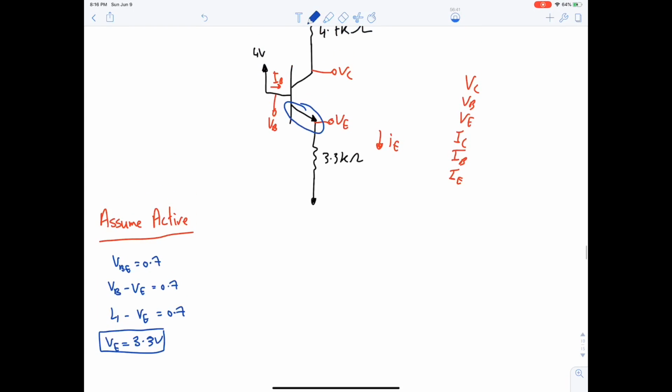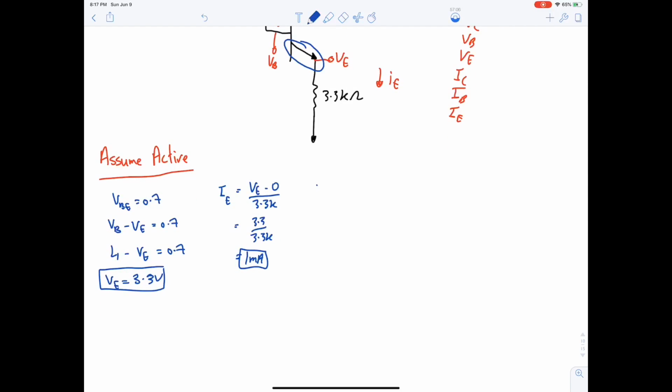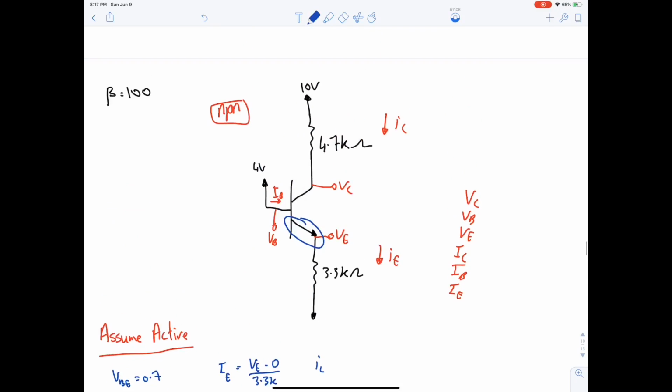Awesome. After finding VE, let's find IE through Ohm's law. This is IE. It will be VE minus 0 over 3.3K. So it's 3.3 over 3.3K, giving us 1 milliampere. After finding IE, let's find IC, because we were given beta.